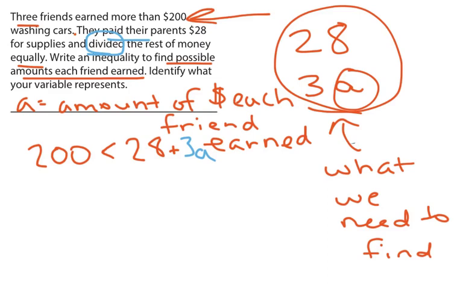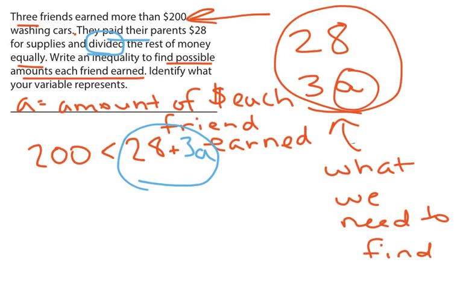I know it's not written that way right now, and so that could be a little bit confusing. But if you think about it, we will eventually divide that up when we undo it, and we will eventually subtract the $28, but we're thinking about that all together before it happened. If we take the amount that each of the 3 of them earned and the $28, that amount together is going to be greater than the $200 that they made. I hope that makes sense to you.